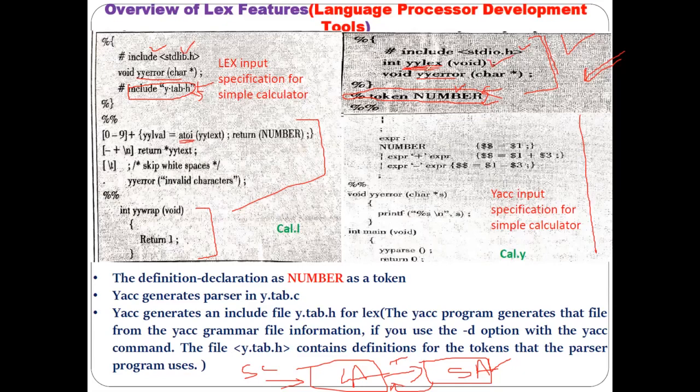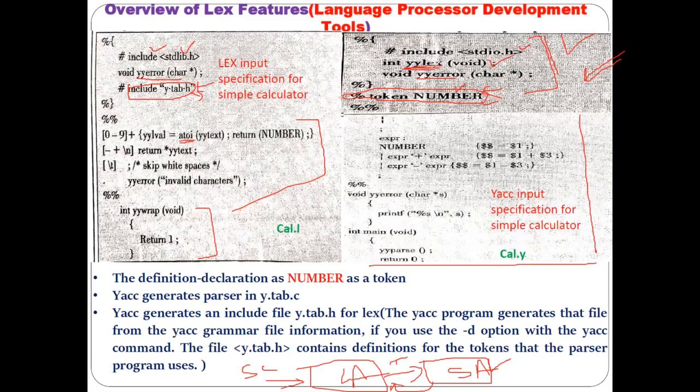Why are you mentioning this? The reason behind that is that the syntax analyzer always demands the tokens from the lexical analyzer. So to generate the syntax analyzer, this Yak program you are writing, you need to compile your Yak program first. Then your Yak program will call the Lex program.